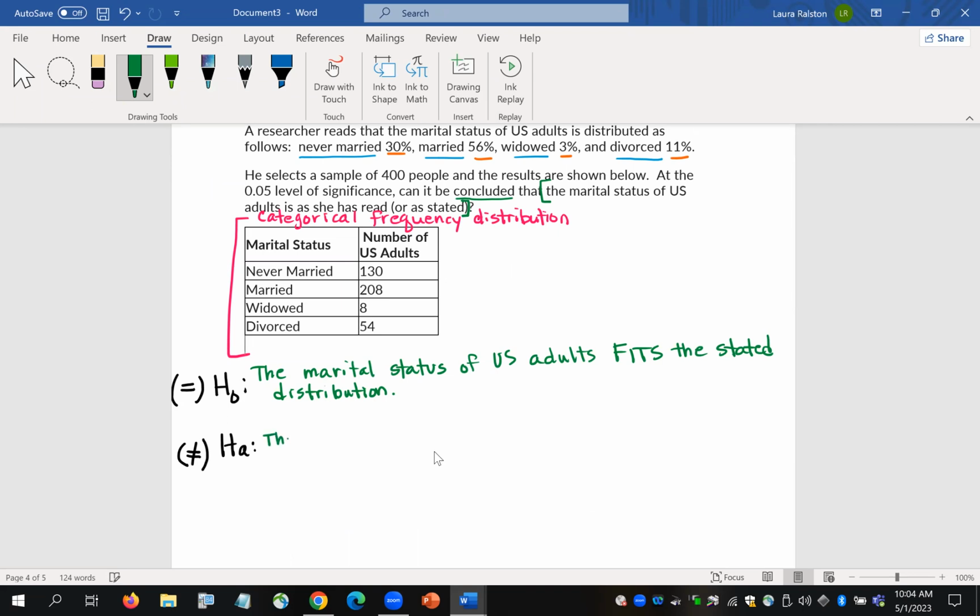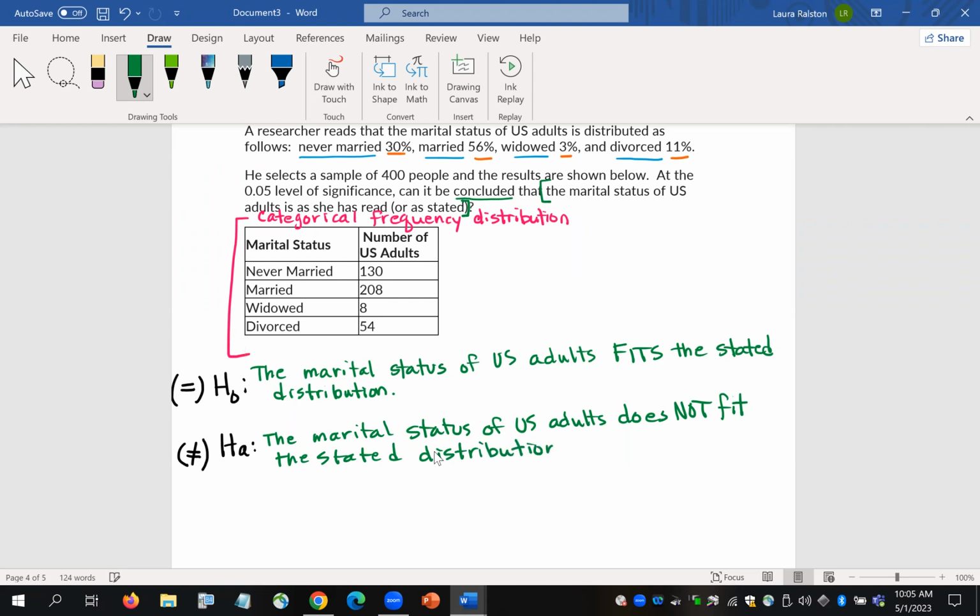So the alternative would be that the marital status of U.S. adults does not fit the stated distribution. Again, the words imply equal for the null and not equal for the alternative.